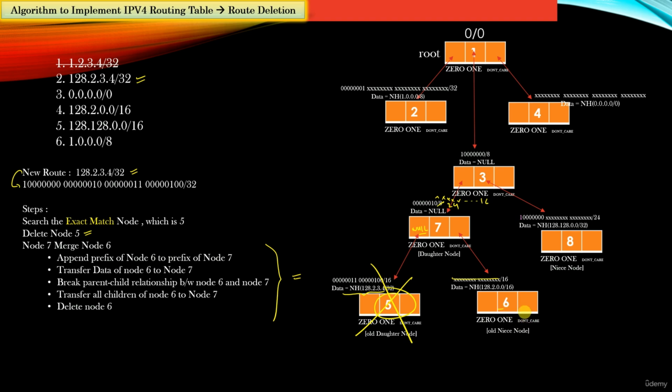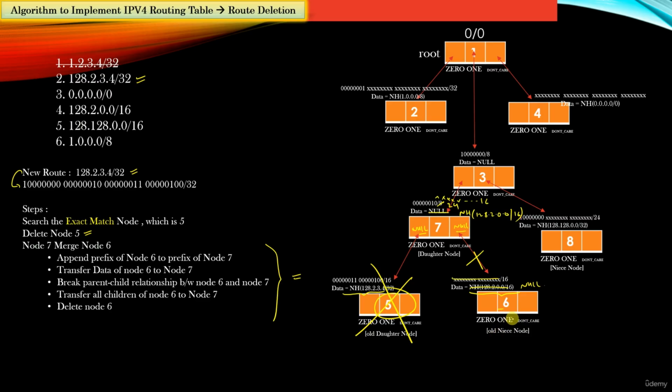Then transfer the data of node 6 to the data of node 7. So the data part of node 6 would become null. Then break the parent-child relationship between node 7 and node 6. So the node 7 pointer needs to be adjusted to point to null. Now transfer all the children of node 6 to node 7.